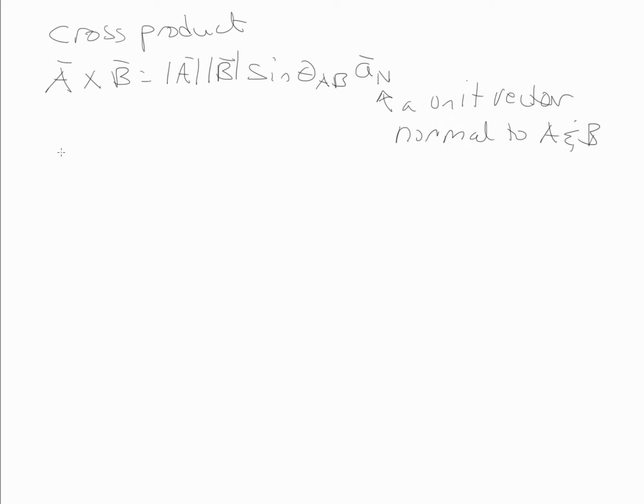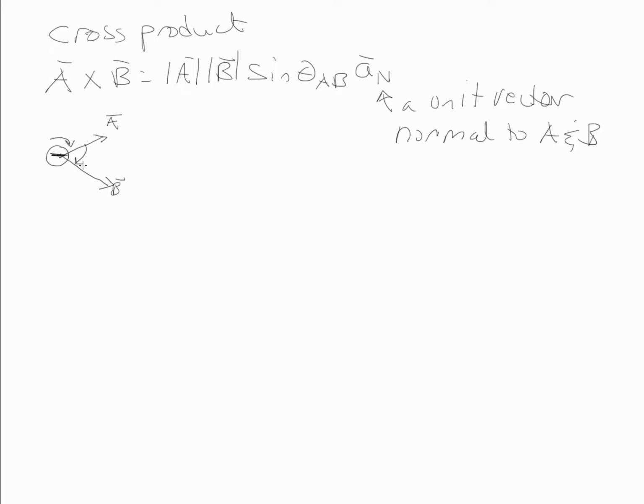And if you want to find the direction of that unit vector, you could draw it out, okay? And we call this A, and let's say both of these are in the plane of the page. This is vector A, this is vector B. And so what we do is we screw A into B using a right-hand screw. And so we would screw it this way, and the screw would go into the page.